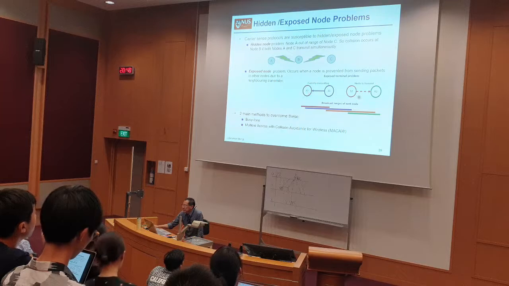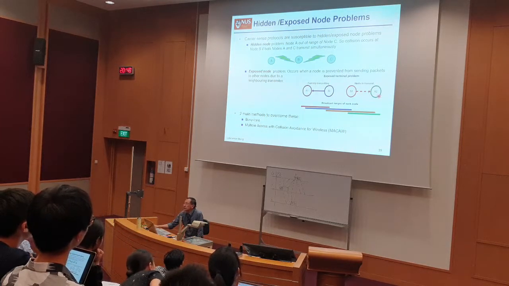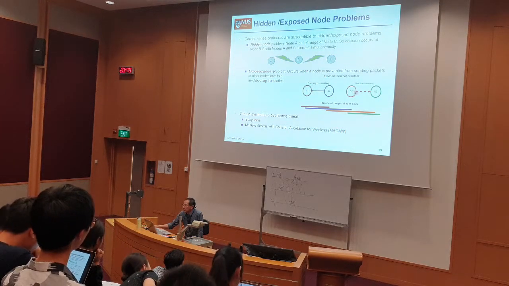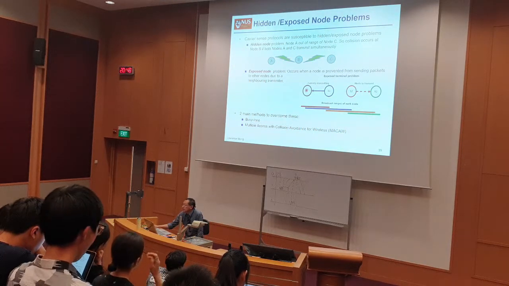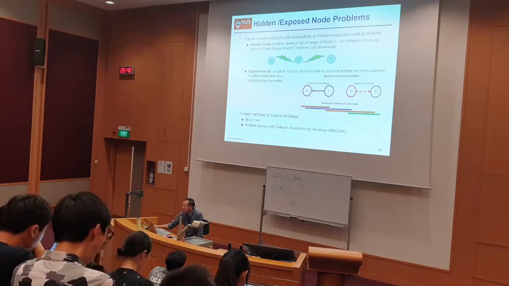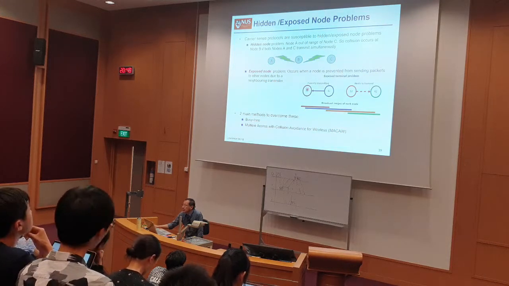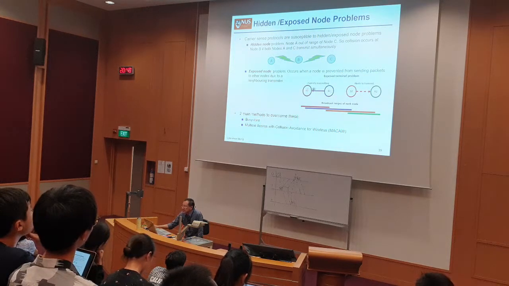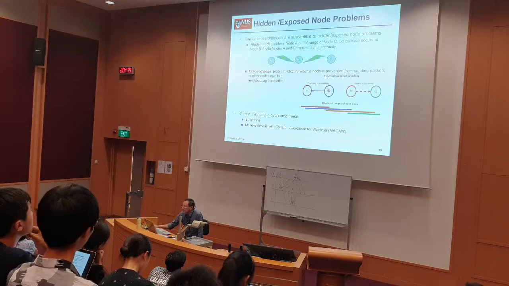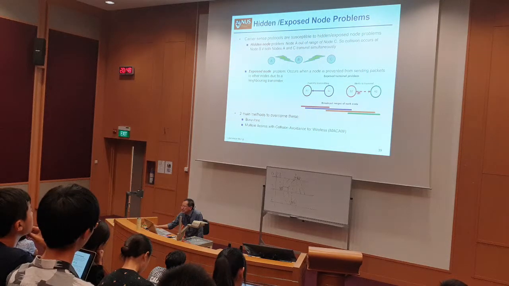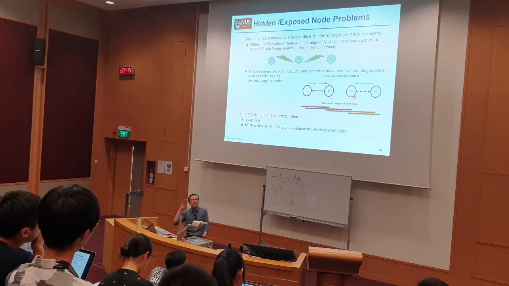S2 wants to send to R2. But S2 is hidden from R1. R2 is also hidden from R1. But because S1 is sending to R1, S2 can hear it because he is near enough to S1.